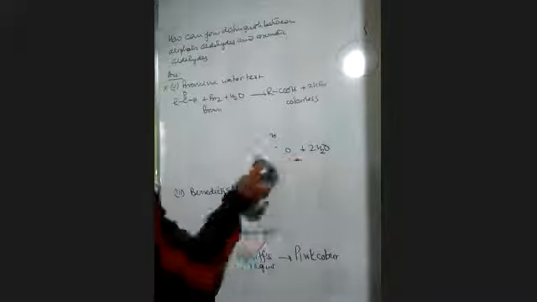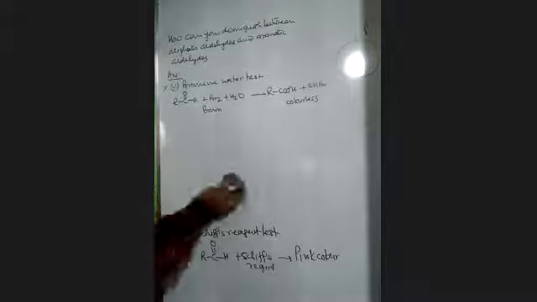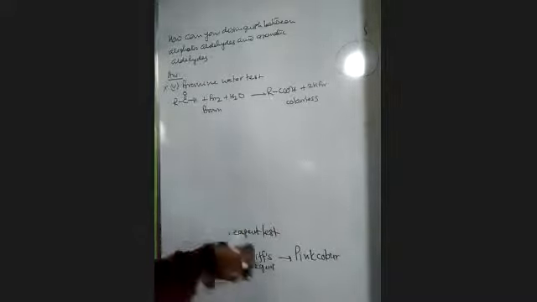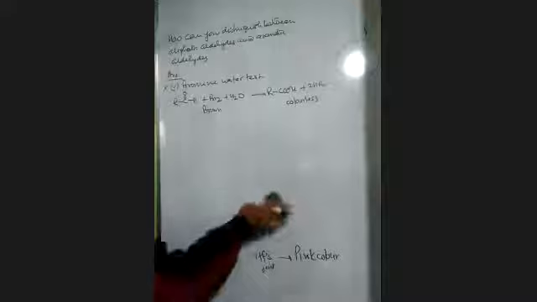So, please remember, aromatic aldehydes do not respond to Fehling's solution test. So, how can you distinguish? Tollens' reagent will give you the same result. Fehling's solution test and Tollens' reagent test is not being shown by aromatic aldehydes.